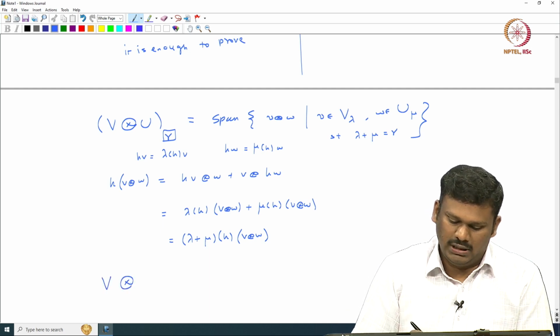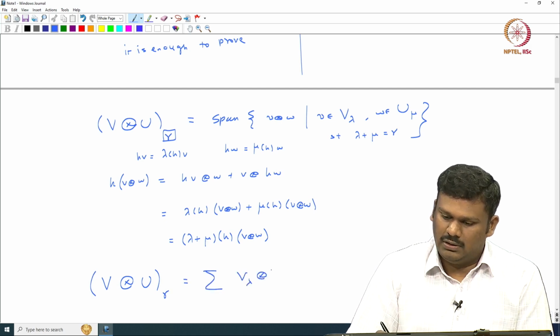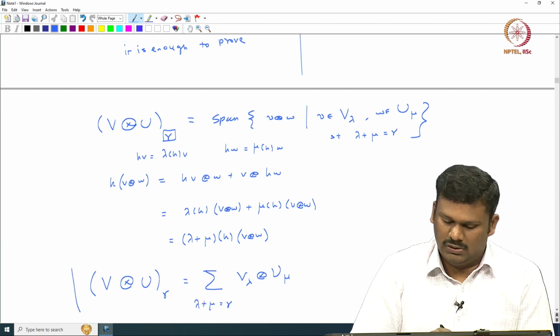Indeed, if you write it in terms of the tensor, the gamma weight space is the summation of V lambda tensor U mu, where lambda plus mu equals gamma. So, this is what we get.